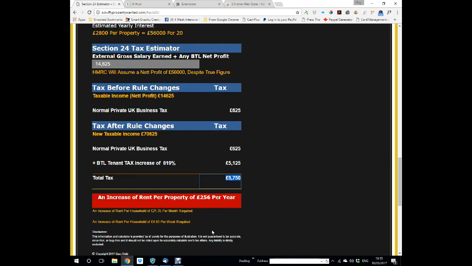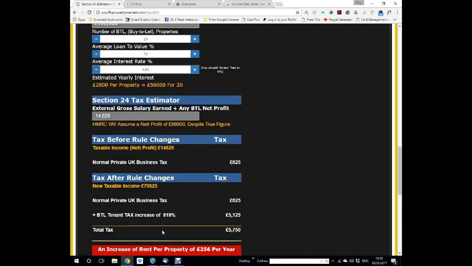So for each one of your properties, you should charge your tenants an extra £256 per year per property. And if you want to know how much that is a month, it's £21.35, or if you're doing weekly rents, a weekly rate increase is £4.93 for all your lovely tenants.